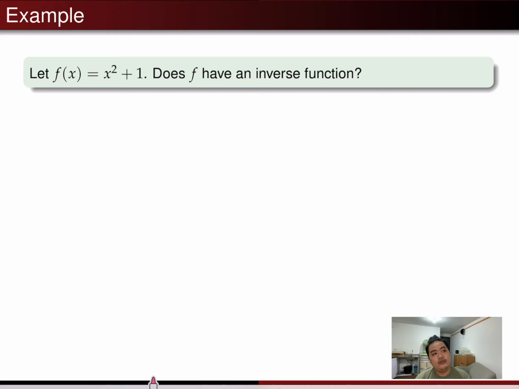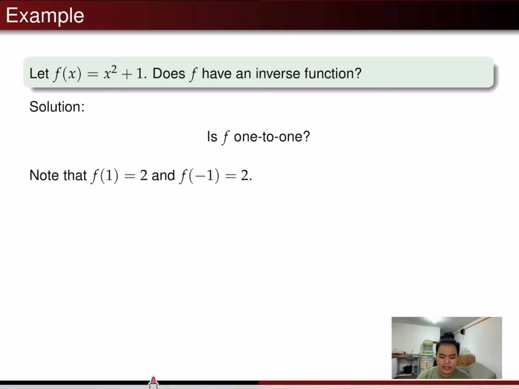So, kung ang kutob nyo, ang function ay hindi 1-to-1, maghahanap ka ng two different x such that when you get their images, pareha lang. So, for example, we choose different x's na 1 and -1. And if you get their images under f, it's 2.